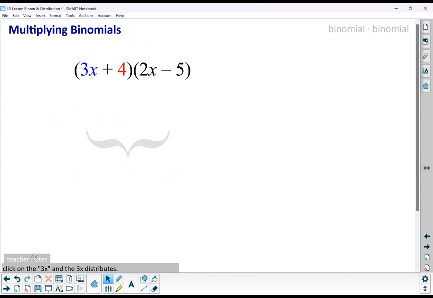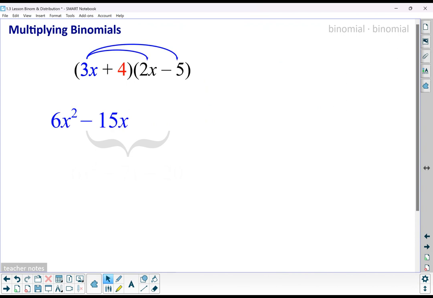Now, sometimes we want to multiply, very common in math, a binomial by another binomial. And in this case, we do have to be careful how we distribute. This first binomial starts with the term 3x. Well, that 3x needs to multiply both of the terms in that second binomial.